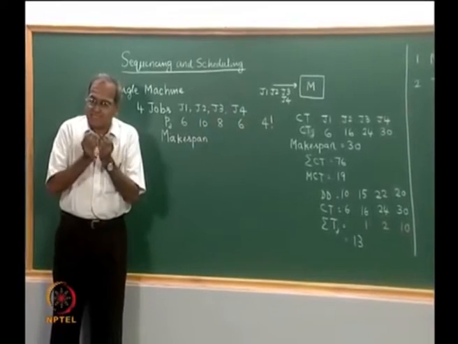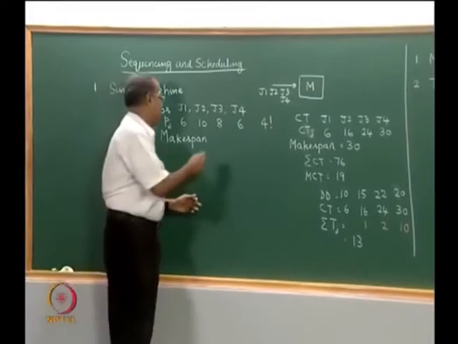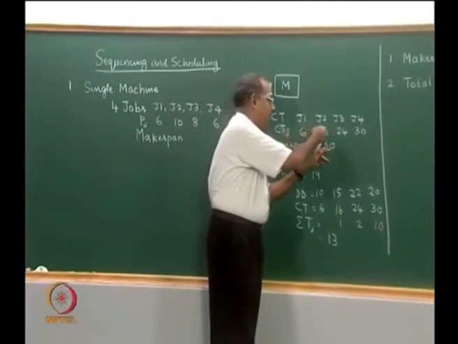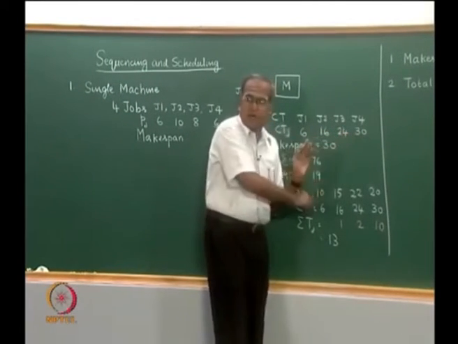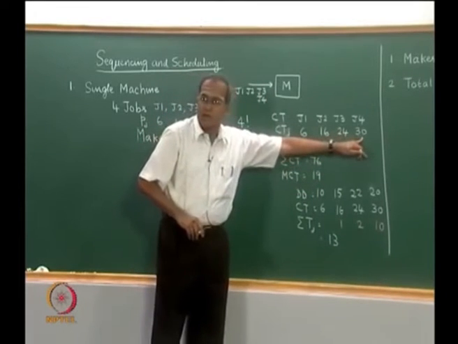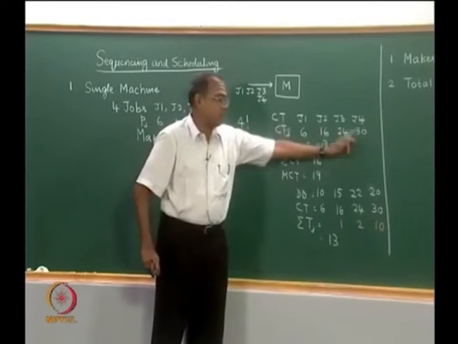Whatever we pick as the second job, in this example 10, its contribution is going to be in 3 of them. Whatever we pick as the third job contributes in 2, and the fourth job contributes in 1.